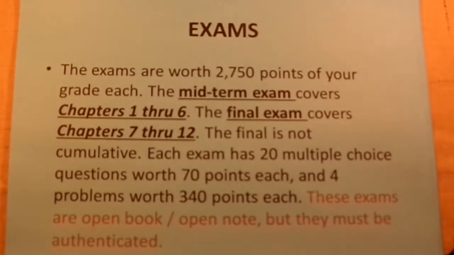Each of them has 20 multiple choice questions worth 70 points each, and 4 problems worth 340 points each. These are in a Blackboard test setting, so the multiple choice you answer right on the Blackboard site. You have 4 answers and you pick one.